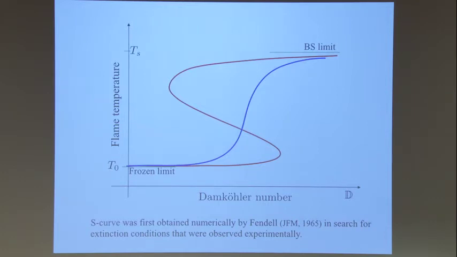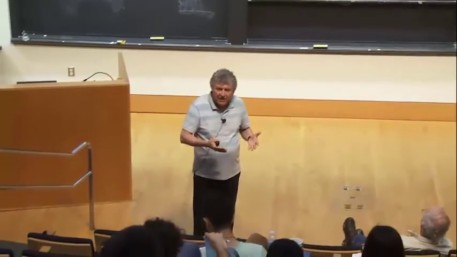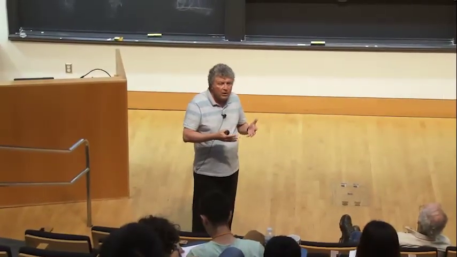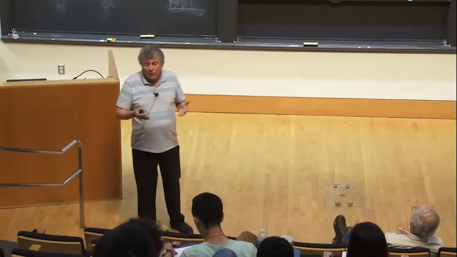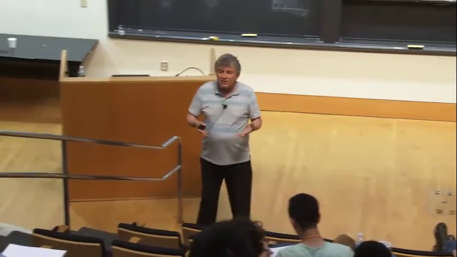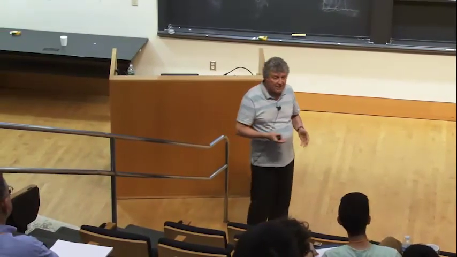And of course, there was a lot of interest at the time after Burke and Schumann, because people were not pleased or satisfied. It was a great idea and also very useful to obtain certain properties of the diffusion flame, but one thing which it missed is extinction. It didn't describe extinction.